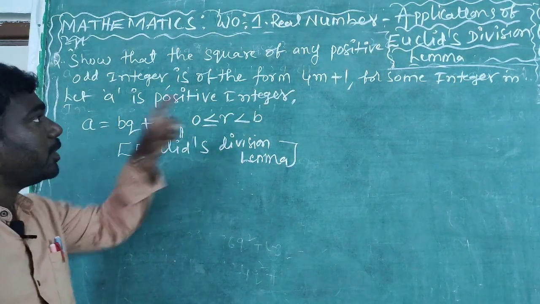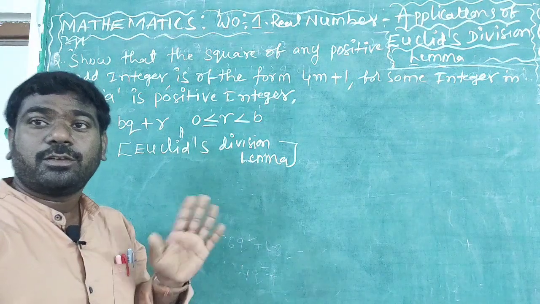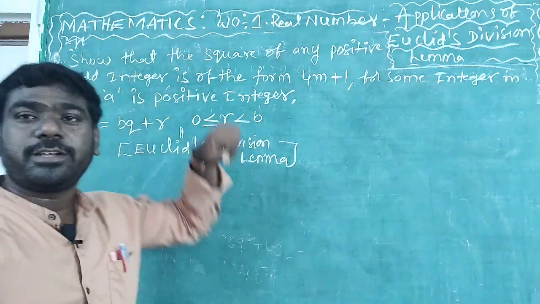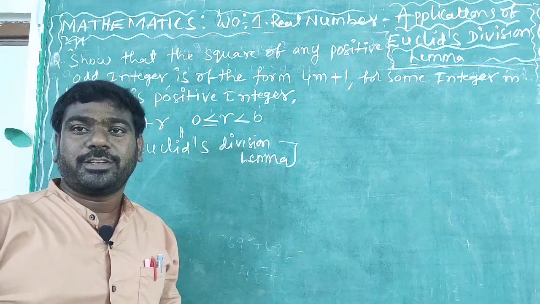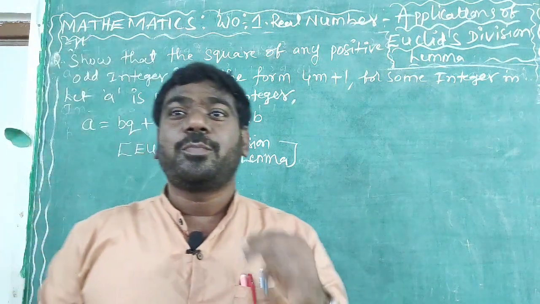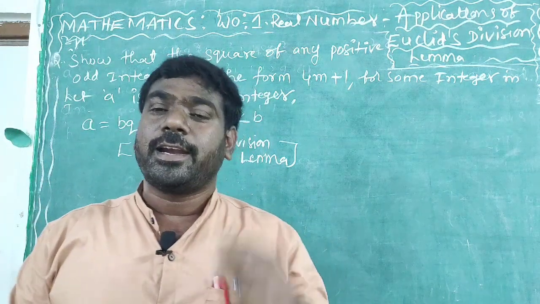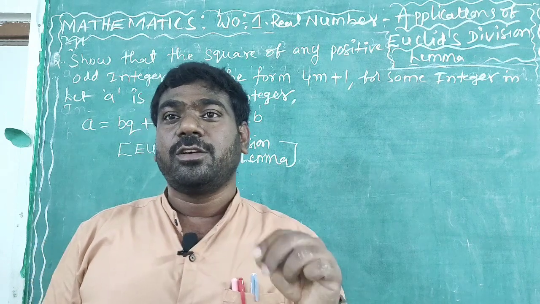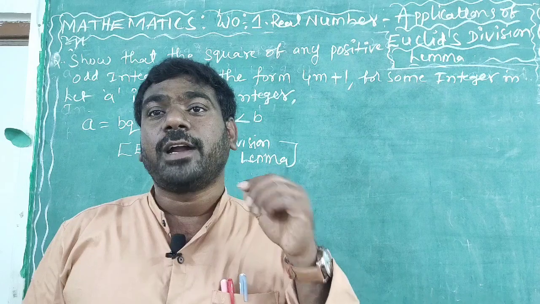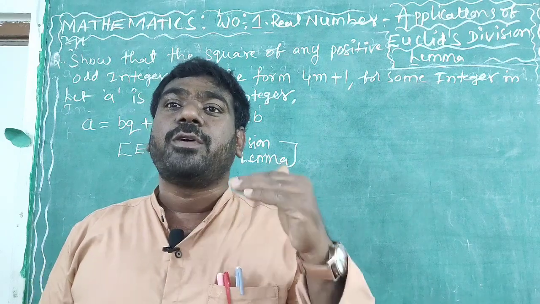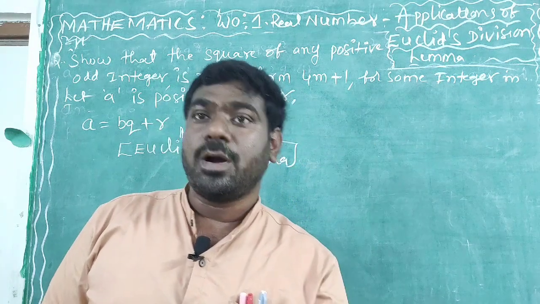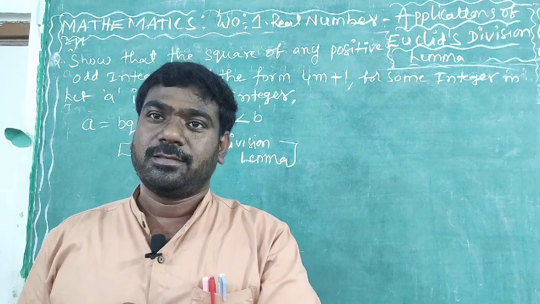Now a is a positive integer, but I don't want only a. What type of a? An odd positive integer. Can you tell me, children, what is the form of an odd positive integer? Already in the first video I explained very clearly that every positive integer is of the form either 2q or 2q plus 1.